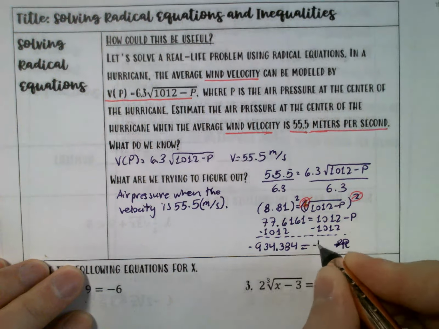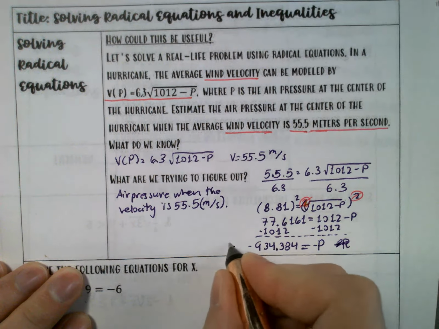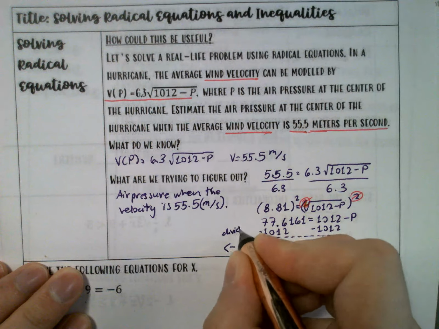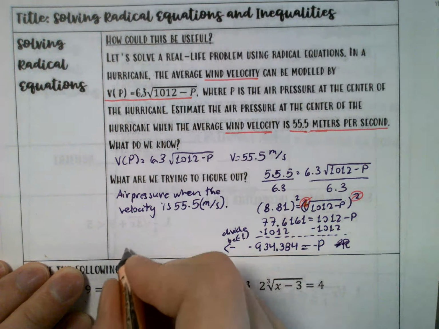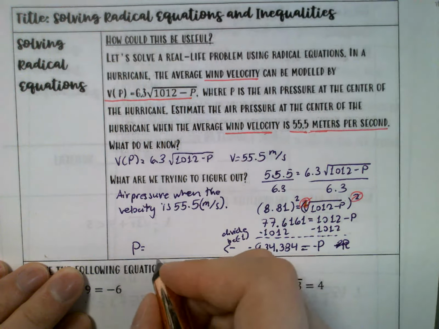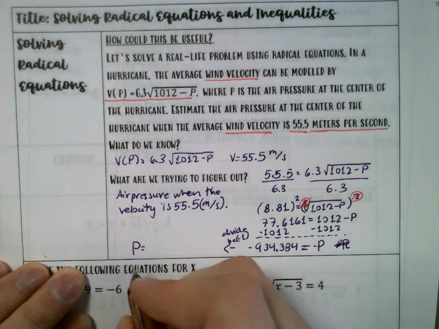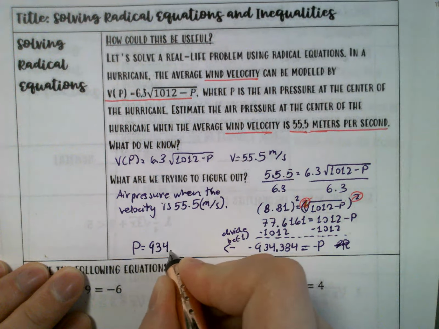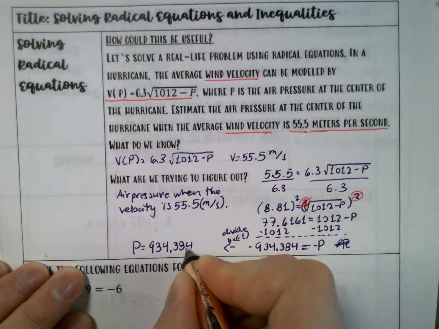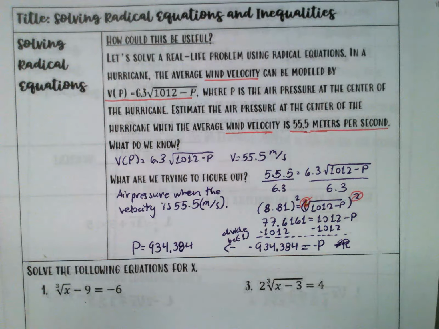Then I'm just going to divide by -1, and our answer is that the pressure is equivalent to 934.384. That's a lot of pressure.